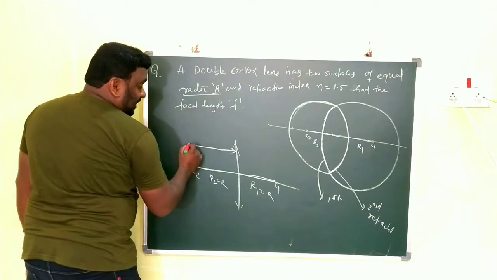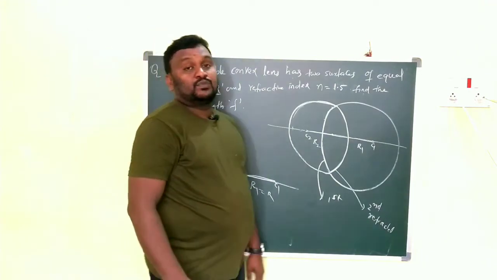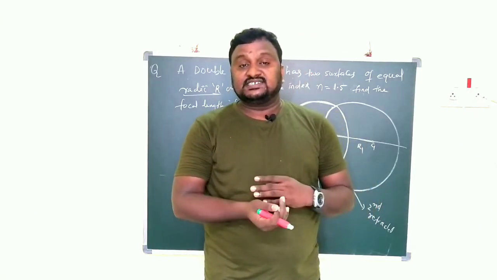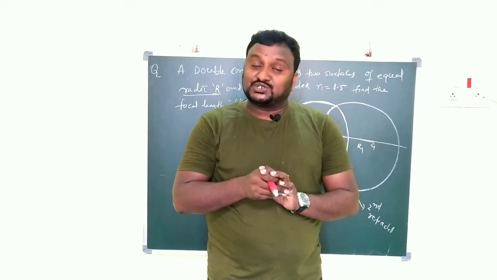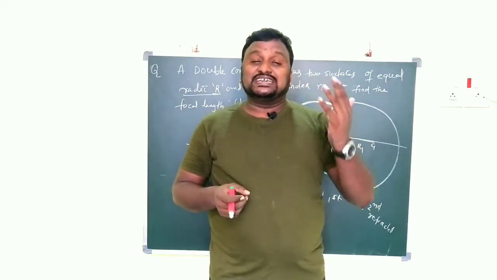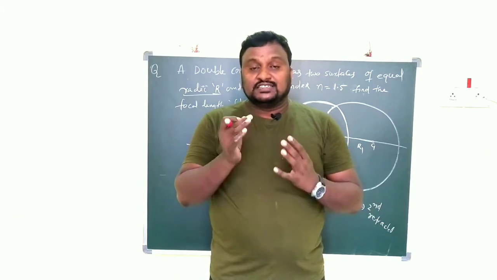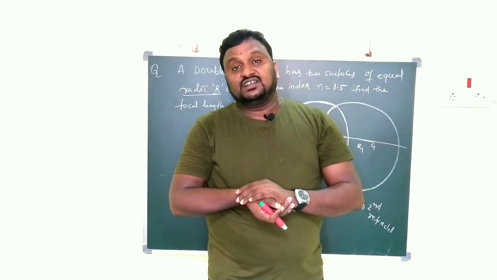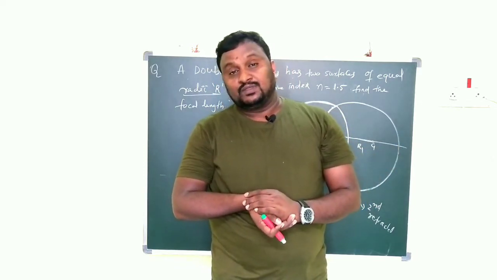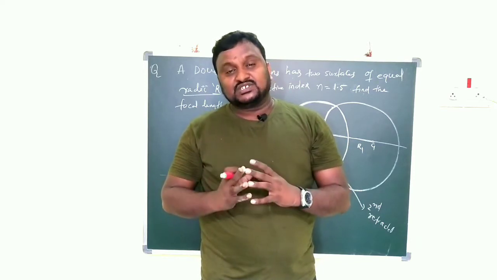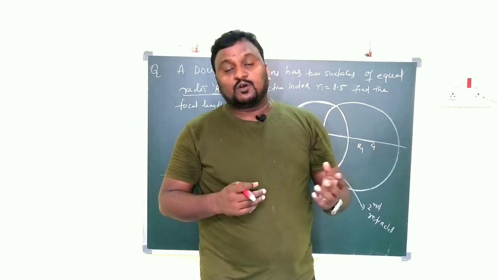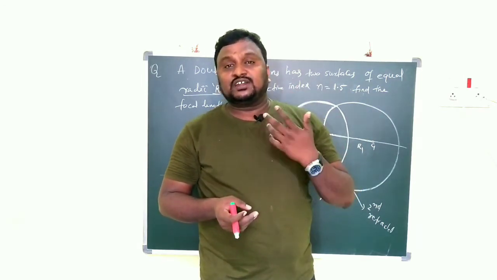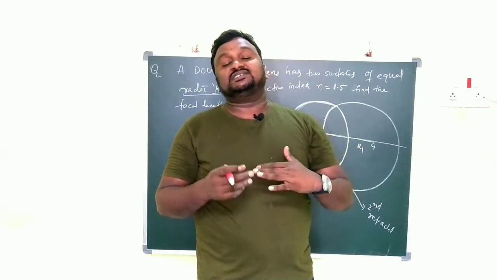According to the sign convention, the distances measured in the direction of moving light are taken as positive. The measurements taken in the opposite direction of the incident light rays are taken as negative.